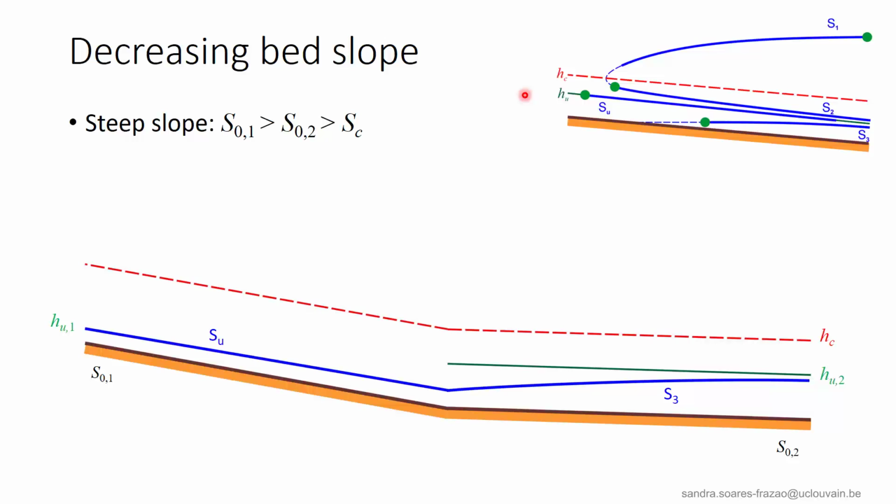Again, we see that there is no supercritical flow profile that tends to the normal depth in the upstream direction. Then, in the downstream reach, starting from HU1, we will have a S3 profile that will tend to the normal depth HU2, because we have said that the uniform flow prevails far away from the change in bed slope.